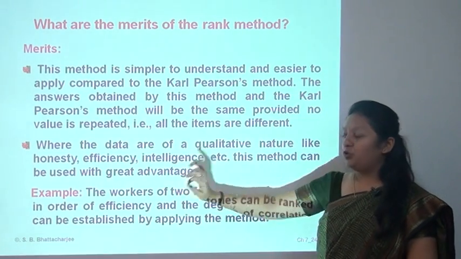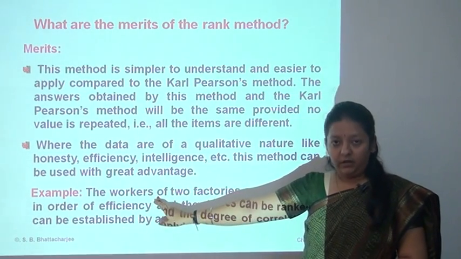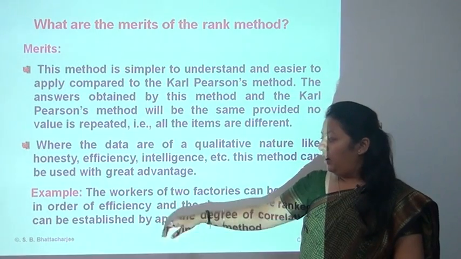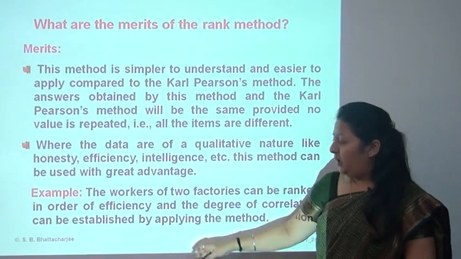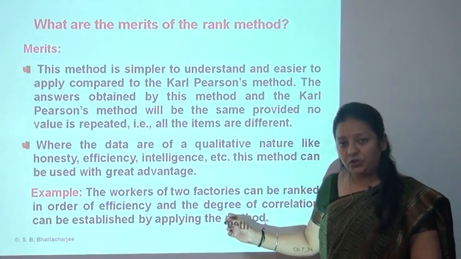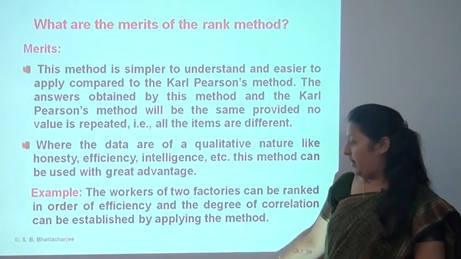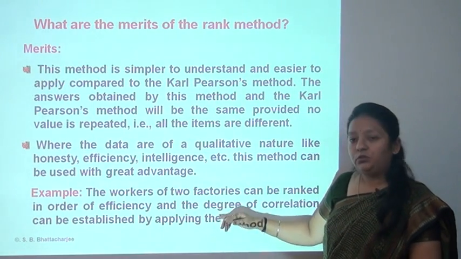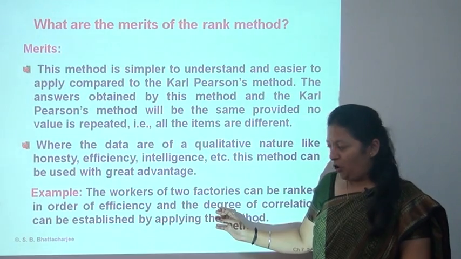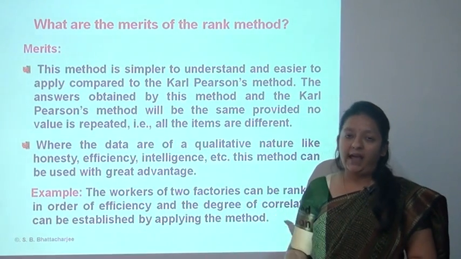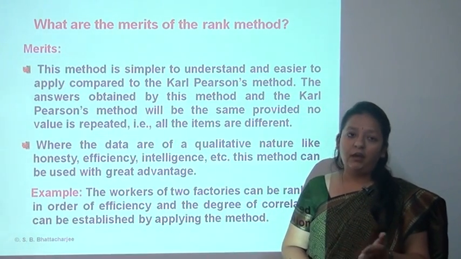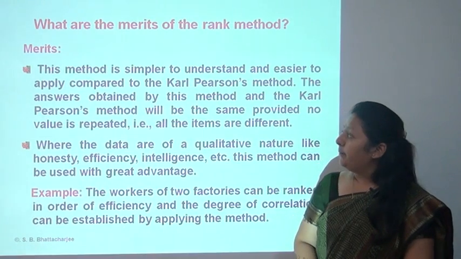The method proves to be greatly advantageous. For example, if one wants to identify the efficiency of workers in a factory, the degree of correlation can be obtained by applying the formula of Spearman's rank correlation coefficient.